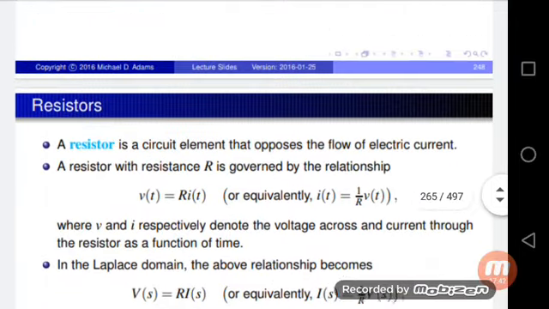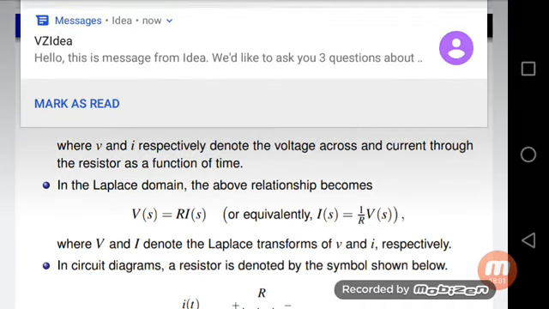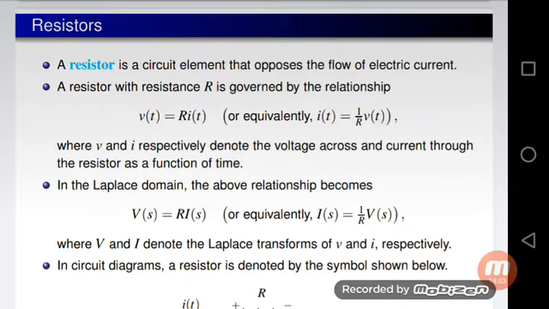So by using a resistor, it will oppose the flow of current in the circuit. By using a capacitor, it will store some amount of energy in the circuit. And by using an inductor, it will convert electric current into magnetic current.